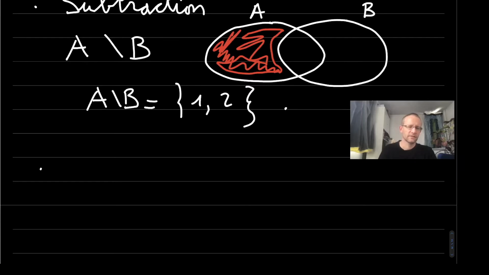Finally, we can take the Cartesian product of sets.